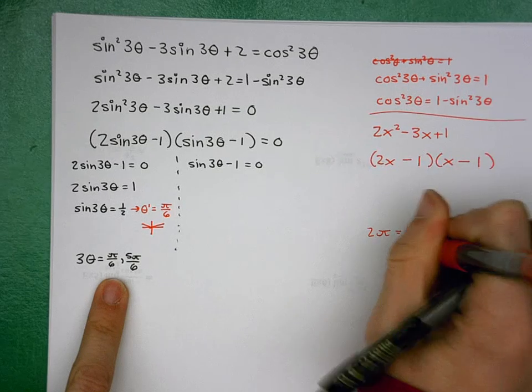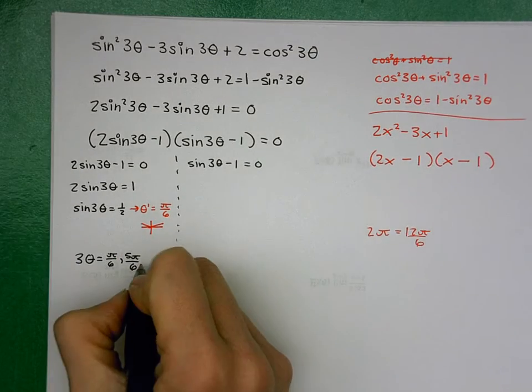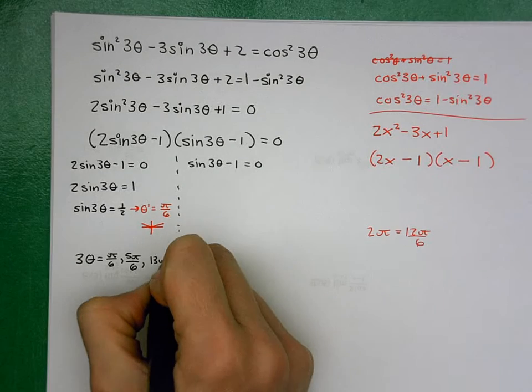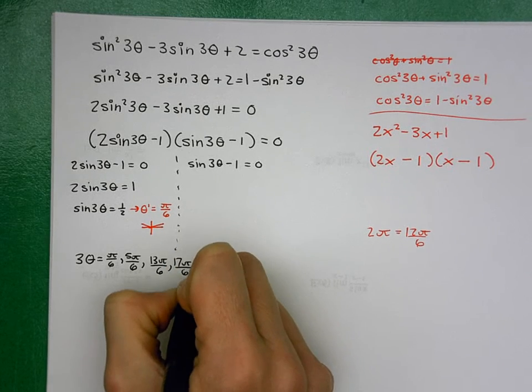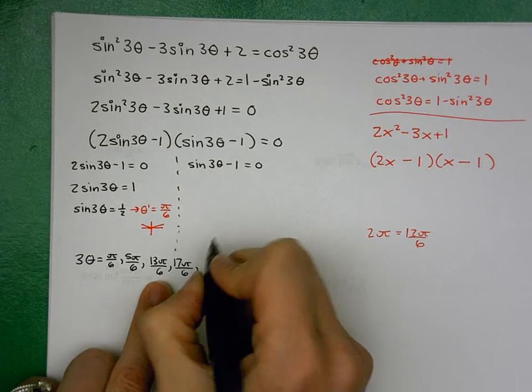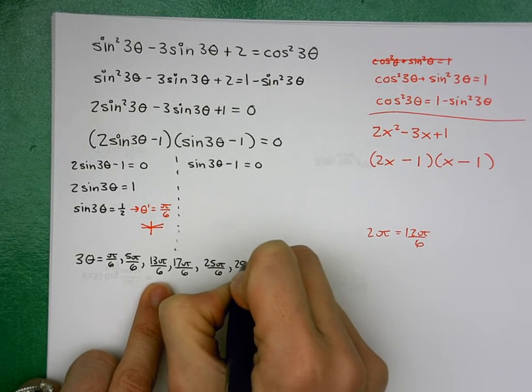So we're adding 12 pi over 6 to each of these angles. So my second rotation through, adding 12 pi over 6, we have 13 pi over 6 and 17 pi over 6. And then a third rotation through, so adding another 12 pi over 6, we'd have 25 pi over 6 and 29 pi over 6.